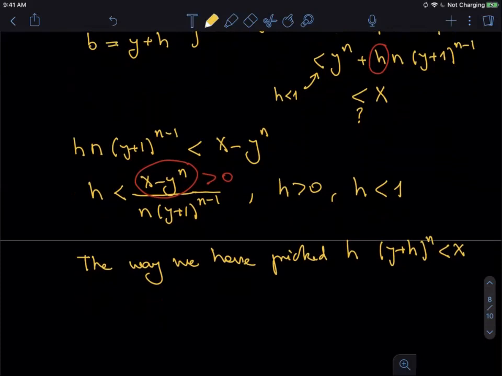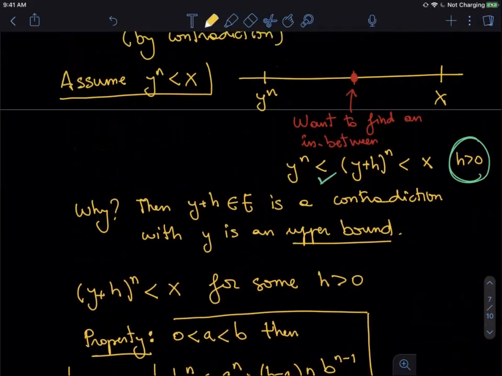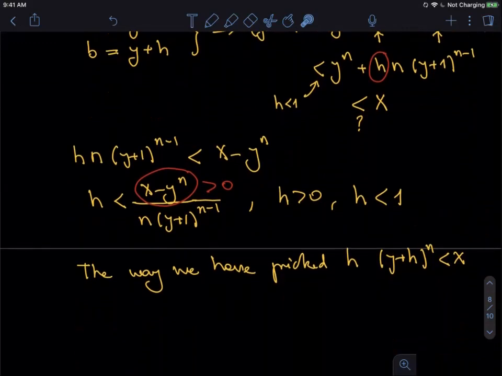Remember, we wanted to prove that there was this in-between that I called (y+h)^n, that was between y^n and x, because then we were able to find a contradiction. So we have shown that that number exists. Okay, so we are done with this first part.